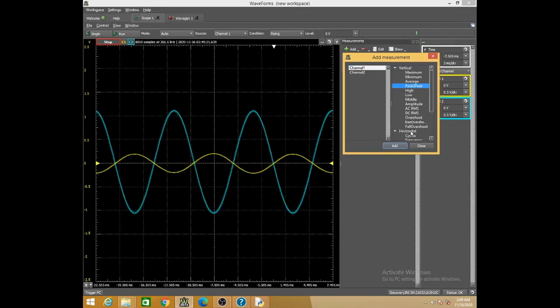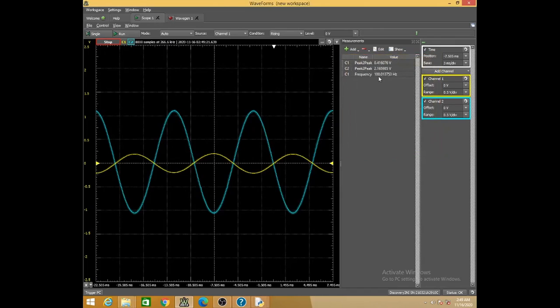If you want to know the frequency of the signal, you can simply select horizontal and frequency. You can see the input peak to peak is 0.41, output peak to peak is 2.16, and frequency is 100 hertz. From this ratio of C2 by C1, you can get the gain of the amplifier.